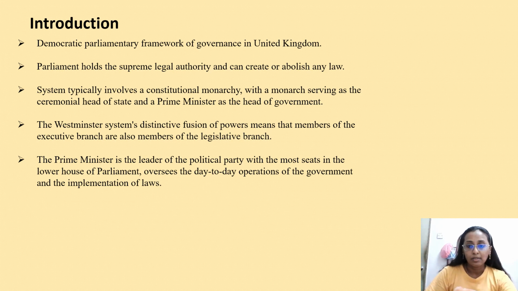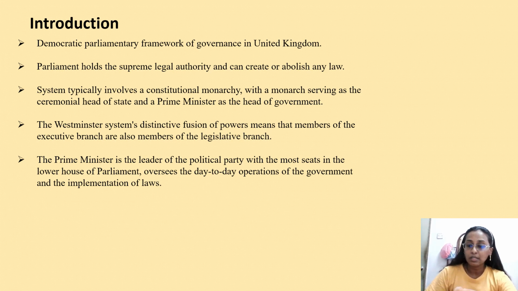The cabinet, comprised of senior government ministers selected by the Prime Minister, plays a key role in policy making and administration. The Parliament itself is bicameral, consisting of a lower house and upper house, and operates on the principle of responsible government, where the executive is accountable to the legislature.